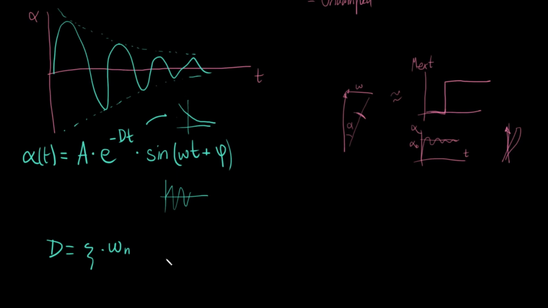So remember that if we have, for example, d equals, so after, for example, twice the time constant, the time constant would be 1 over d.